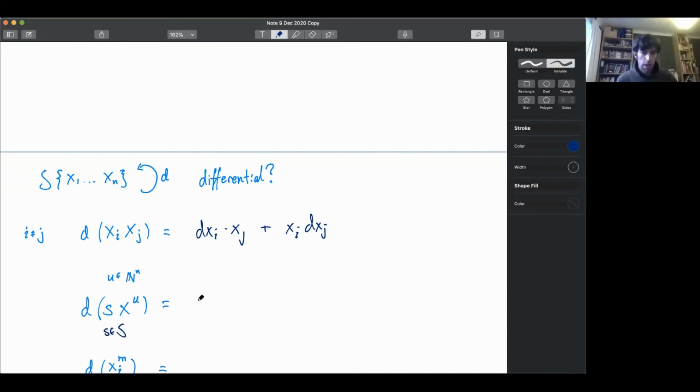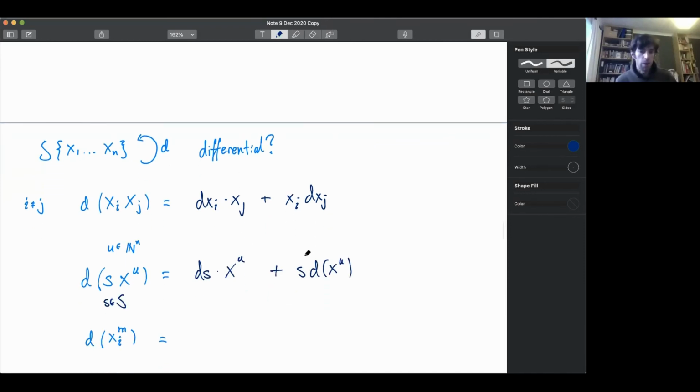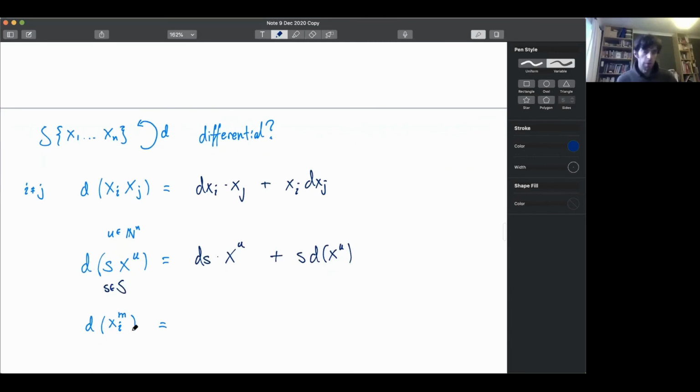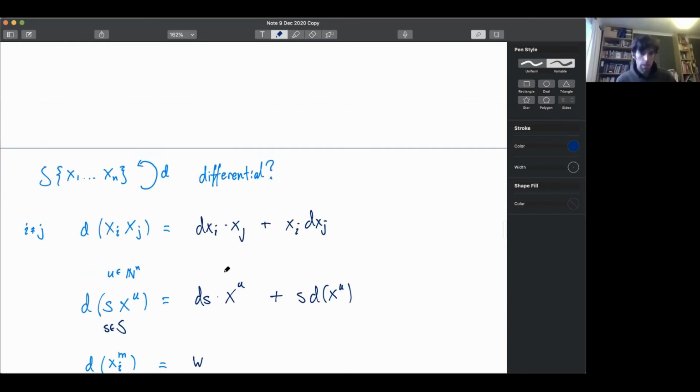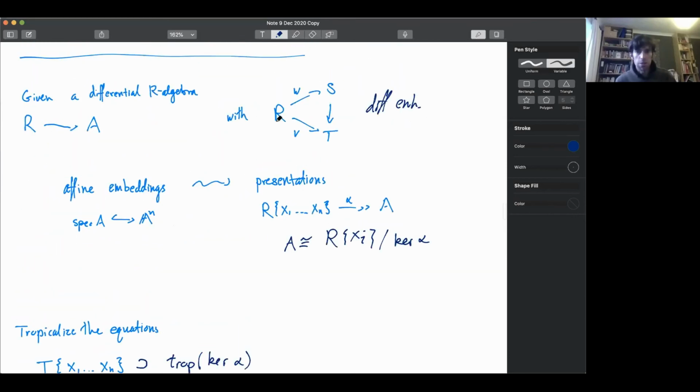So in this case, I should get ds times x^u, this is multi-index notation again, plus S times d of x^u, whatever that works out to in terms of this first rule, unless you have a repeated power, and then we come to the final rule that we need here, which is what happens when I have some power of x sub i. This is the one interesting one. Then I'm going to write this as W, so that's the W that was part of this differential enhancement structure on R. That's this W here.